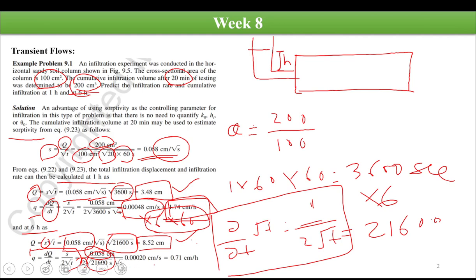So it will result in 0.00020, and then we'll get a value of 0.71 centimeter per hour, right? So in this way, you can calculate how much infiltration has occurred, and the rate of infiltration also. Okay. So please take your time in understanding this problem, and do let me know if there are any issues with that.